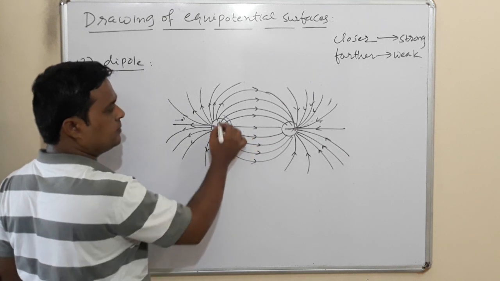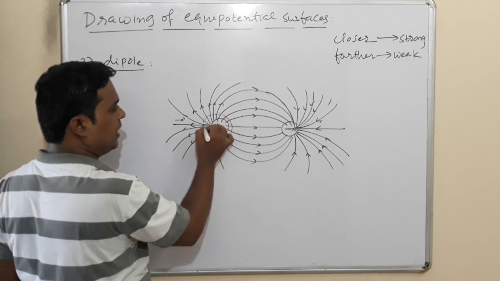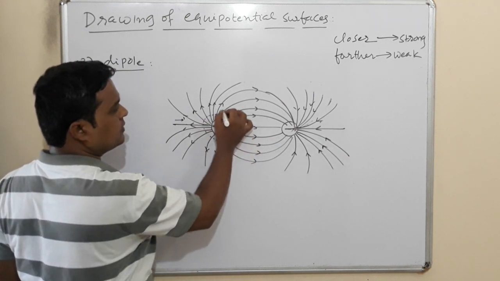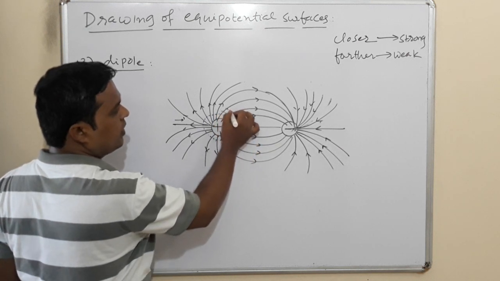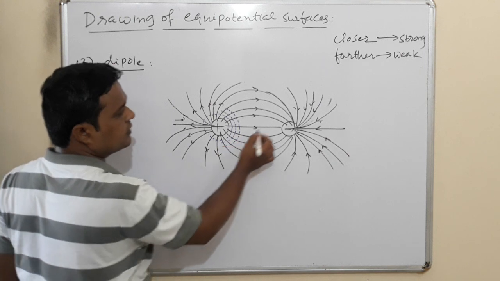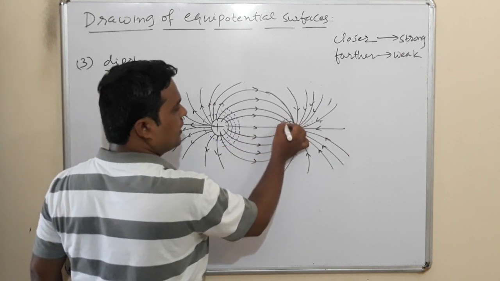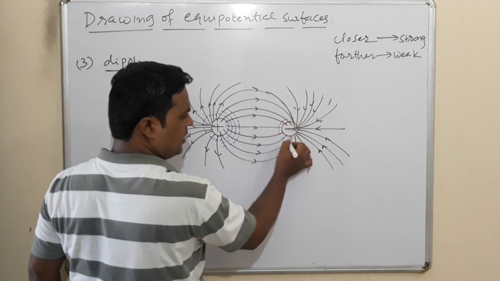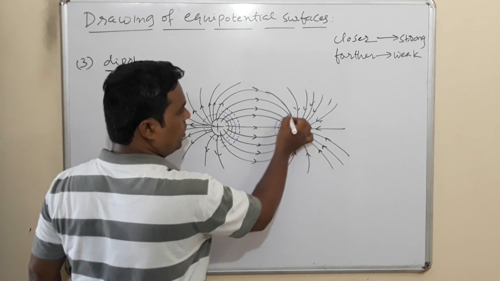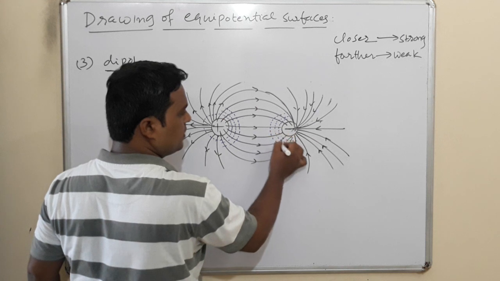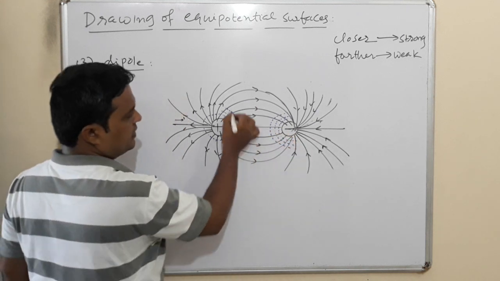This is one point. I am taking it like this. This is another surface like this. See, this is another surface. It is a point charge, so equipotential surfaces will be concentric circles only. We should draw concentric circles. See, 3 circles I have drawn.